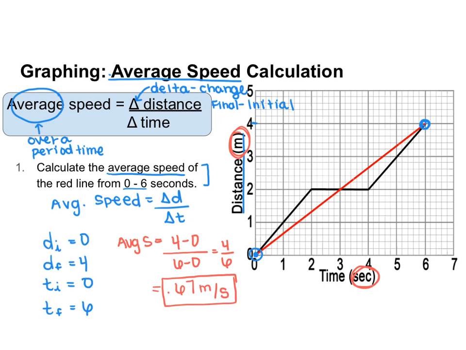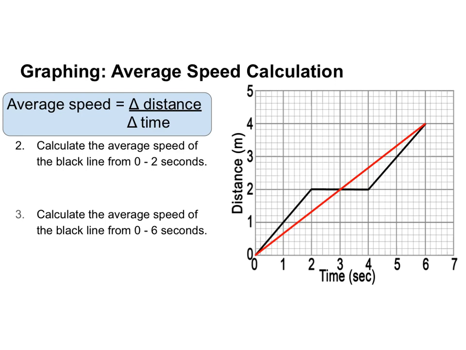Okay, let's look at another example. We're going to do the same thing. We're going to calculate the average speed, but now we're looking at the black line. So we're first going to go from 0 seconds to 2 seconds. So we're going to look at this first chunk of the graph here. So our initial distance is 0, and a final distance at 2 seconds, we got all the way to 2 meters. Okay. And then we're going to do the same thing for time.